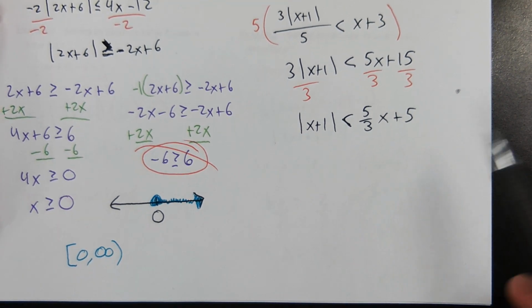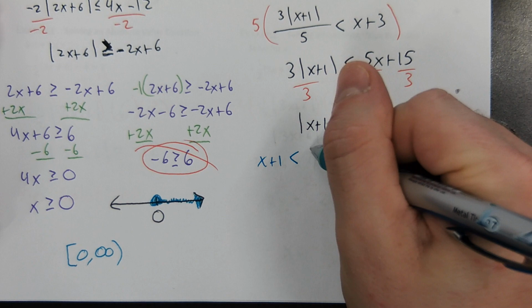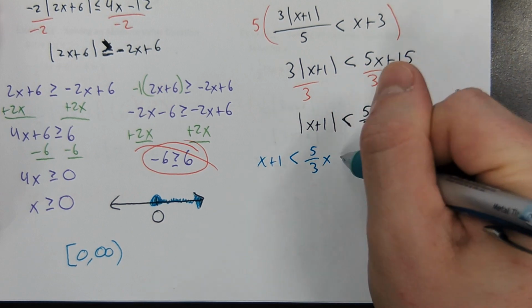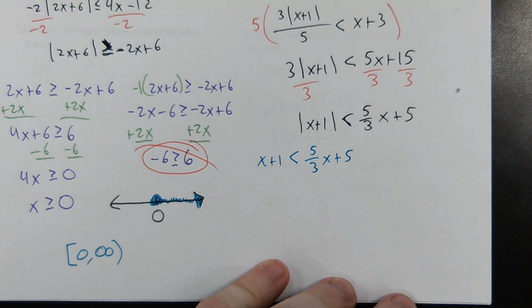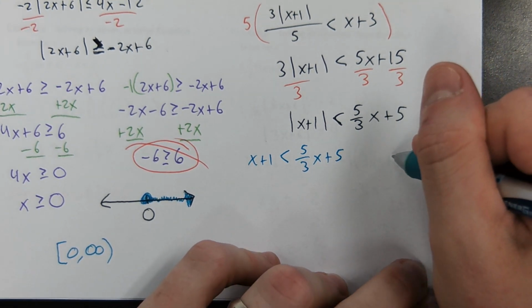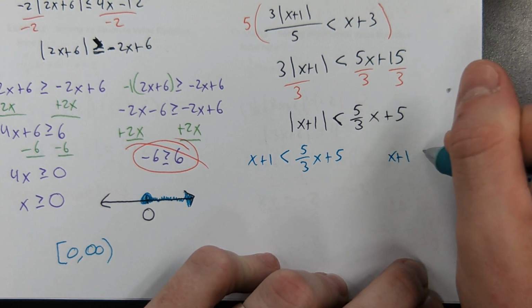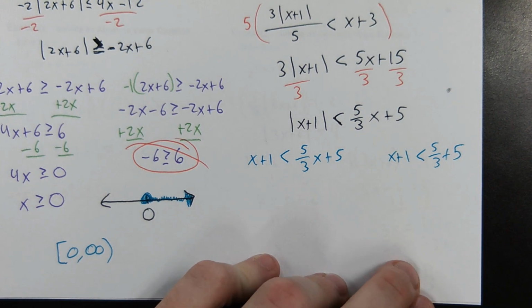All right, anyway, now we can set up our positive and negative case. Positive case, pretend there was no bars. Negative case, there's parentheses because the x plus 1 was actually a negative number.